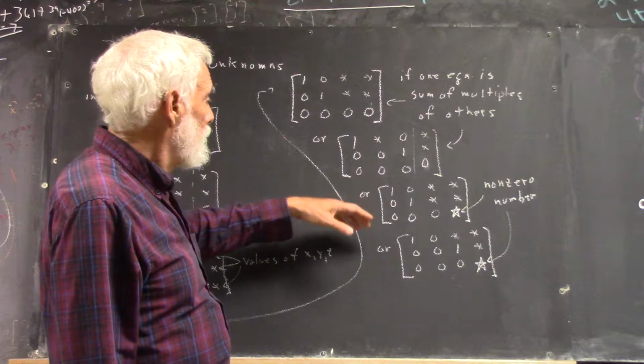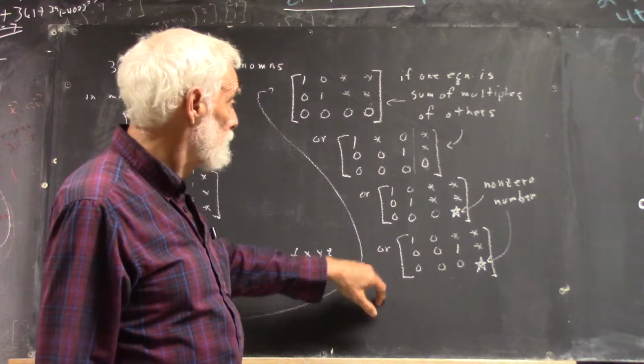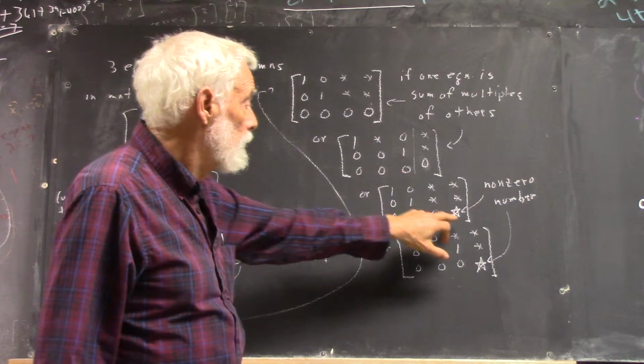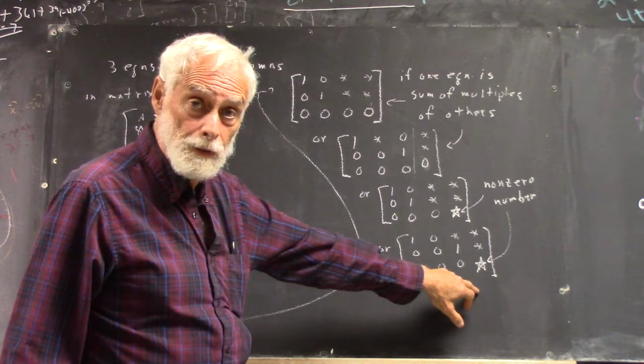So this looks a lot like this, except that instead of 0 here, you got something that isn't 0. And instead of 0 here, you got something that isn't 0.